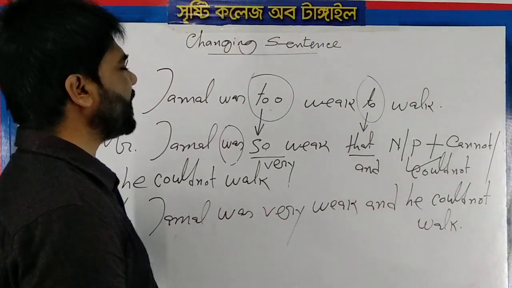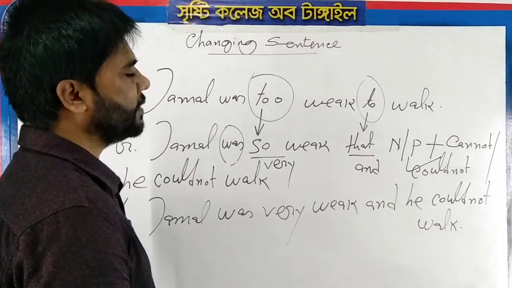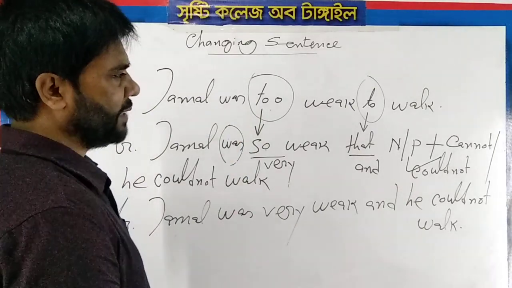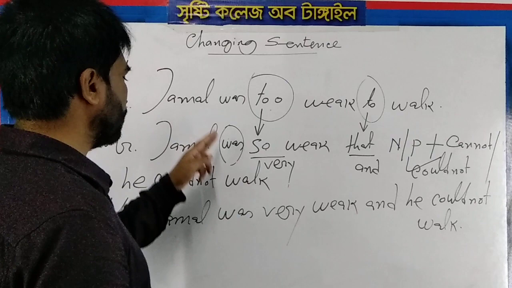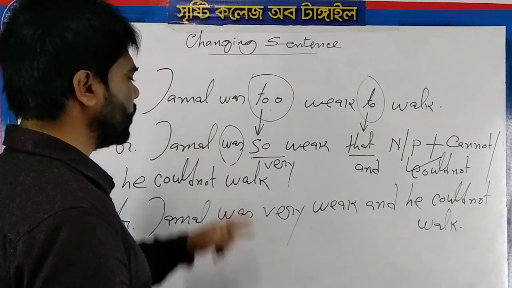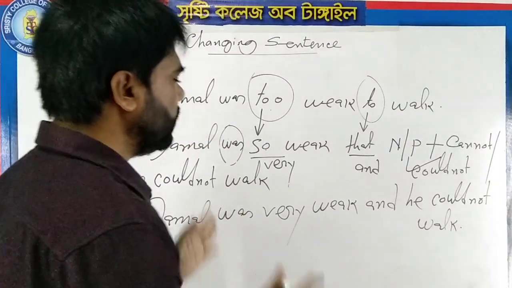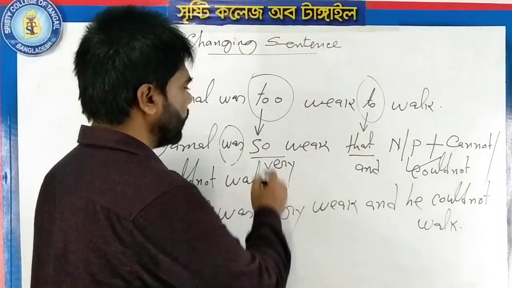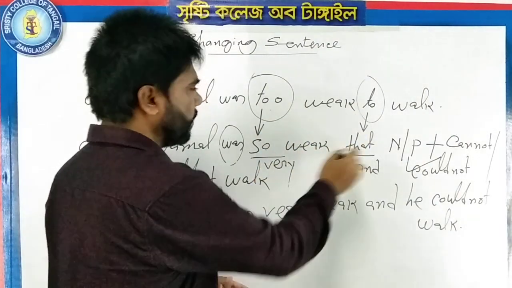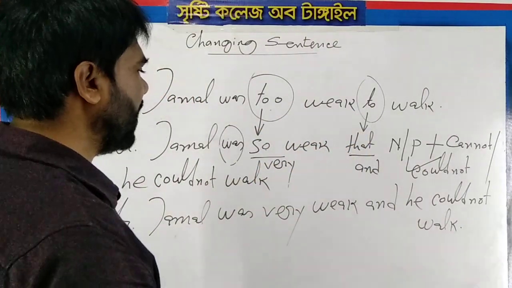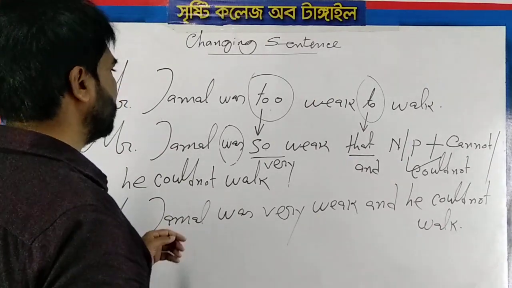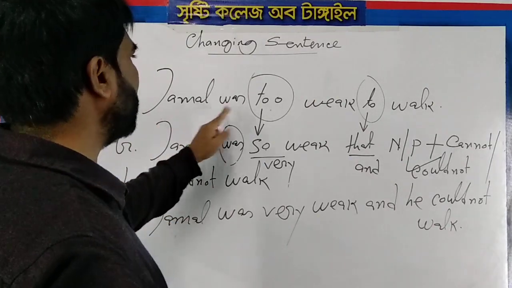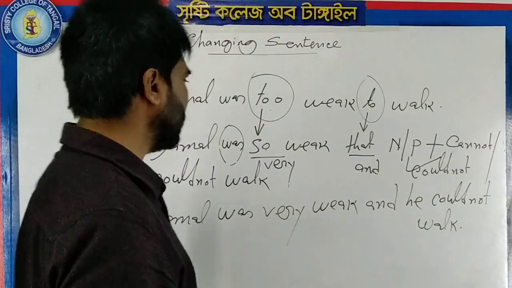So, if you are given these kinds of sentences to transfer from simple to complex or from complex to compound, you have to know the uses of these kinds of conjunctions or adverbs in the sentence. Mr. Jamal was too weak to walk is a simple sentence.